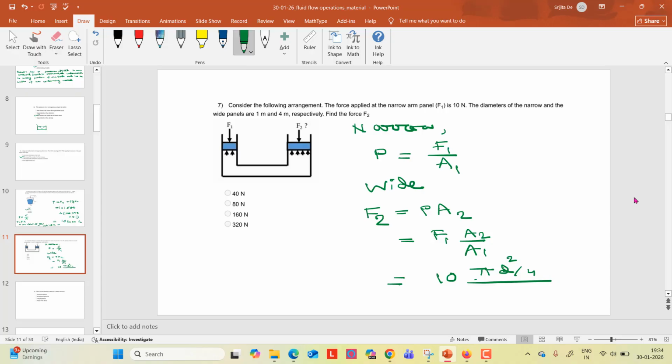In this case pi d2 square by 4, and here pi d1 square by 4. So pi and 4 will cancel out. So 10 into d2 is 4 meter square, that means 16, and this is 1. So it is coming as 160 Newton, right?